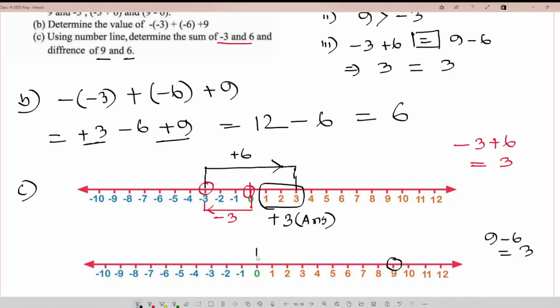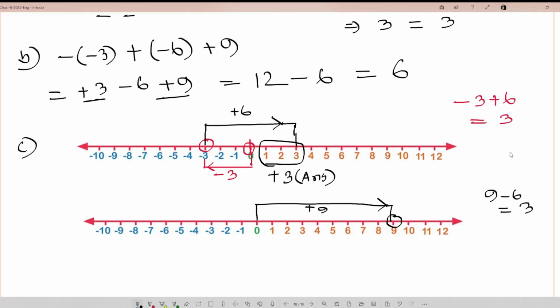So plus 9 means here is, this is plus 9. Now minus 6. So 1 2 3 4 5 6. It means here. This is. Okay. So what is the result? This is plus 3. This is our result.